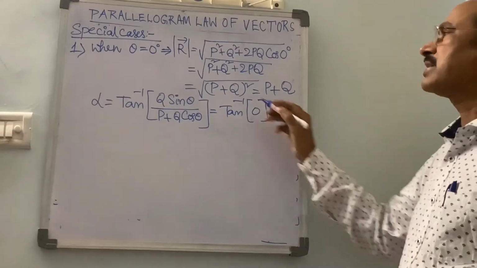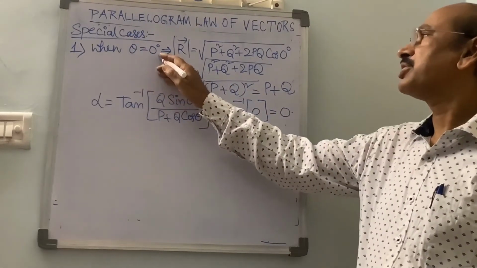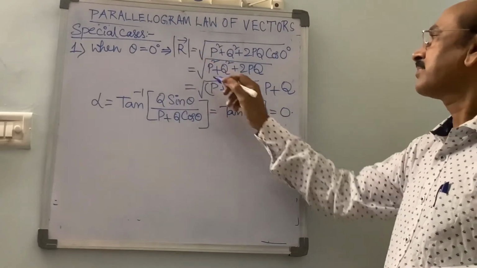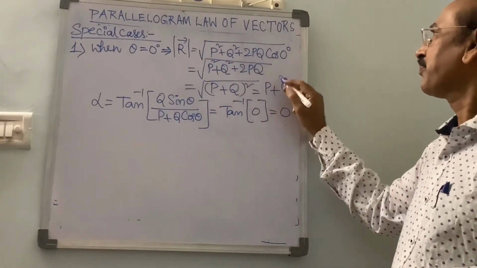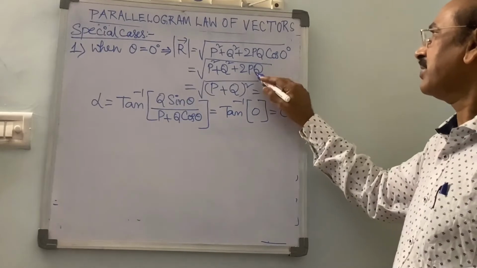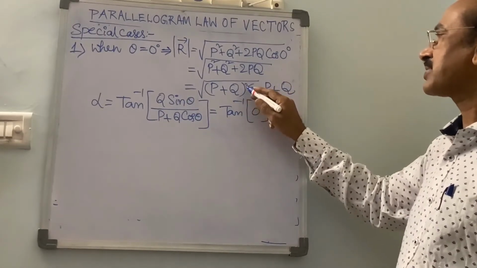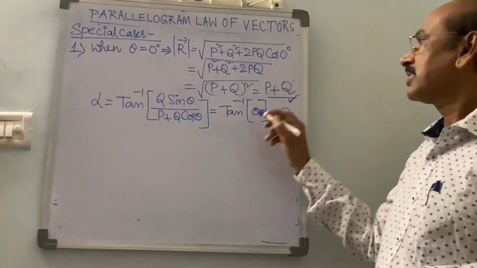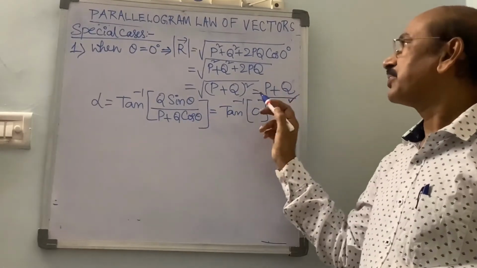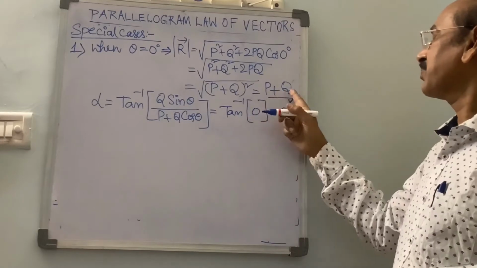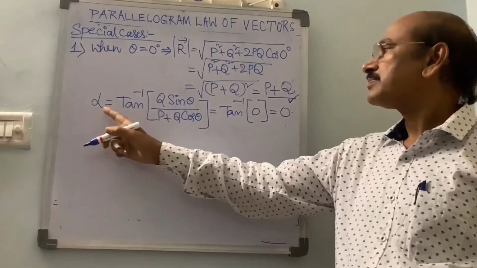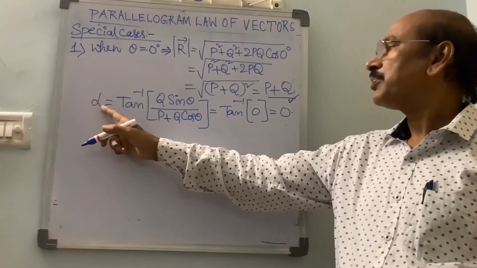So in the first case, we observe that when theta equal to 0 degrees, as cos 0 equal to 1, this is p plus q whole square, square root it. So therefore resultant magnitude is p plus q. Or when p equal to q, it is equal to p plus p or q plus q. That is double, it will be 2p or 2q.